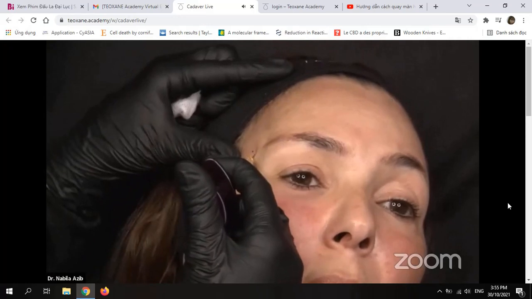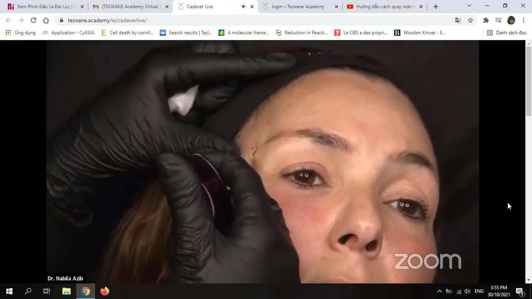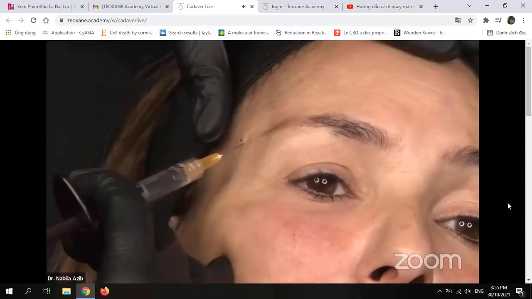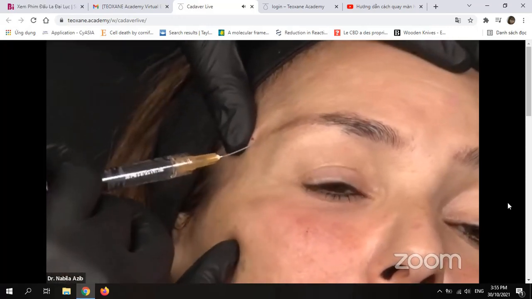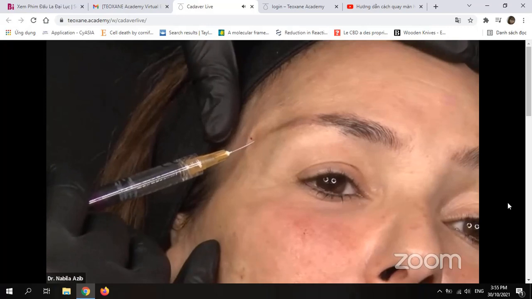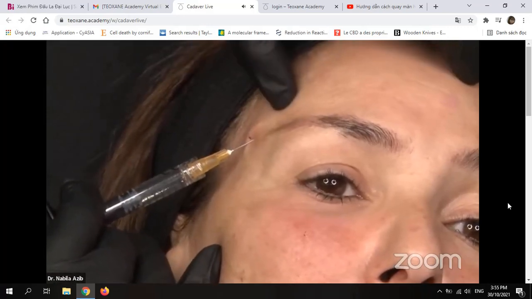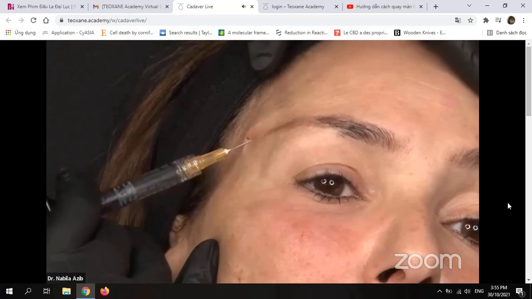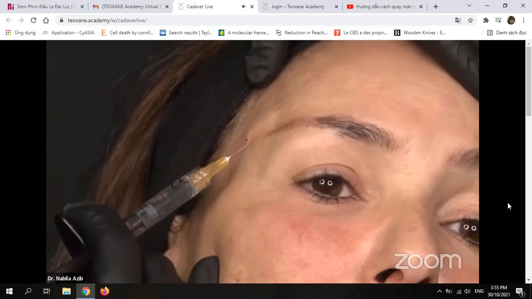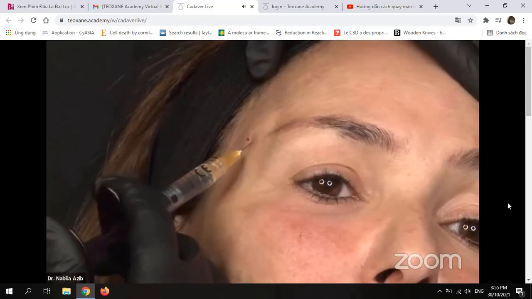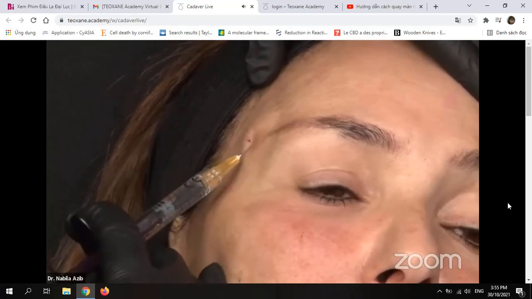And here I already injected 0.3 ml in total with small boluses of 0.1 each time. So you are moving your needle in different directions, yes? Exactly. Now you put small boluses to fill this area. Yes. You see, I change the position. I go to the remaining hollow that I can see.